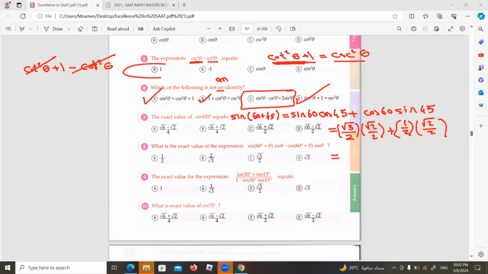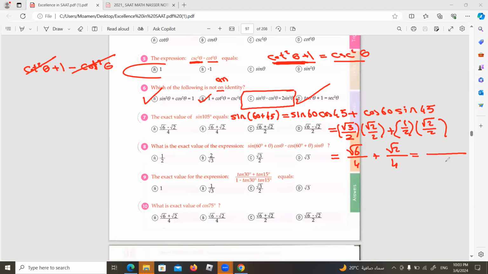Multiply: 2 times 2 is 4, root 3 times root 2 is root 6, plus over 4, 1 times root 2 is root 2.